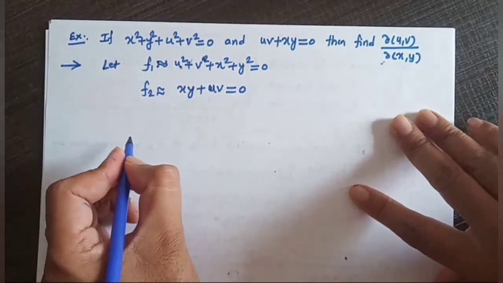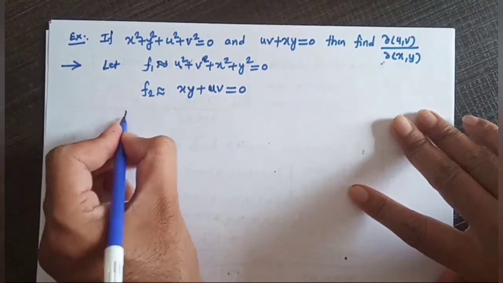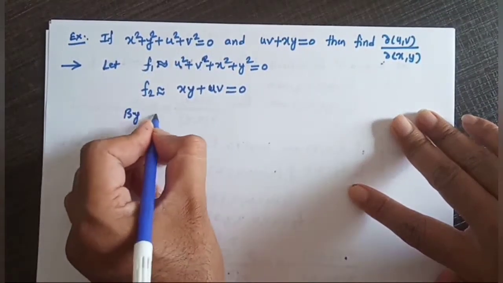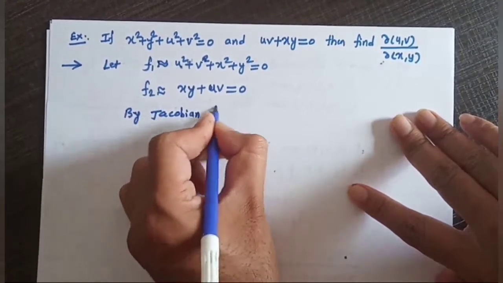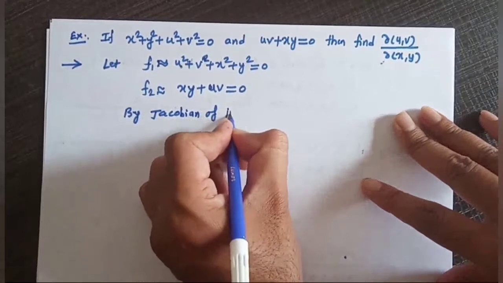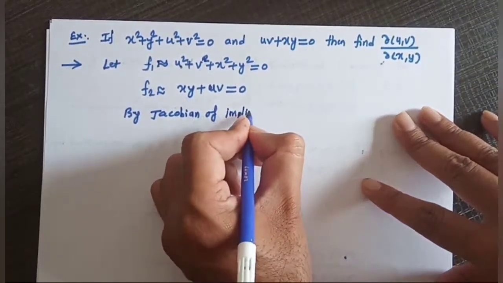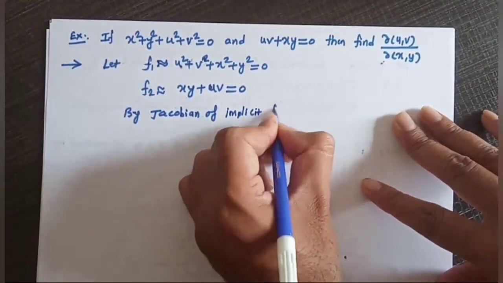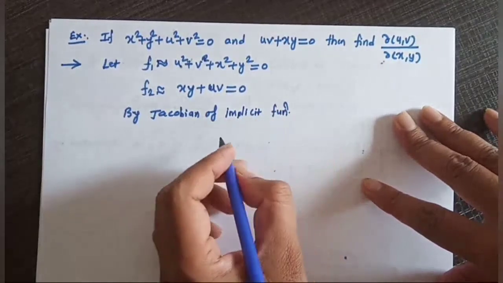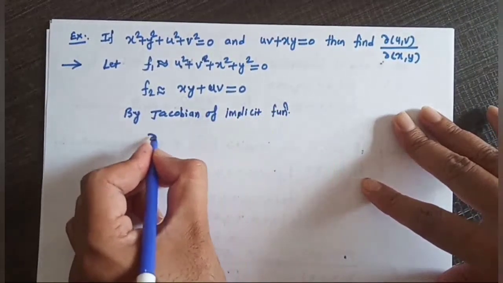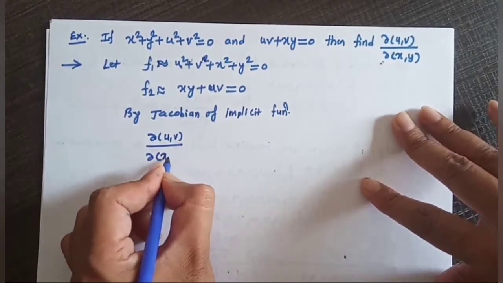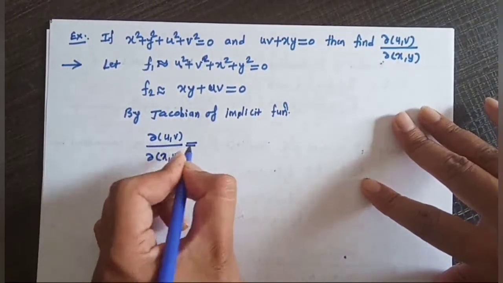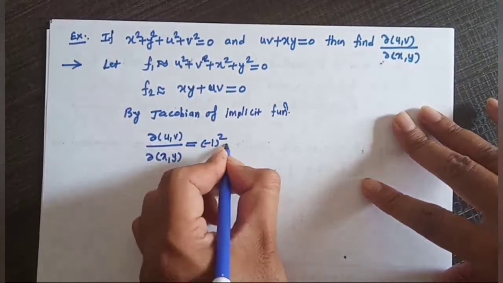Now by definition of Jacobian of implicit function, we know that Jacobian of u, v with respect to x, y, how do we define it? It is minus 1 square.